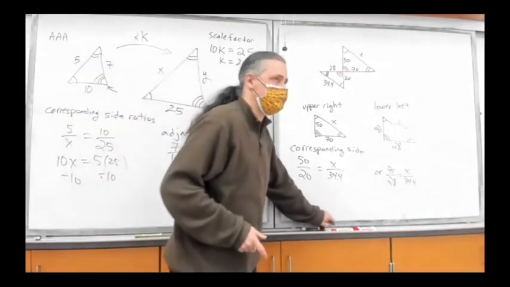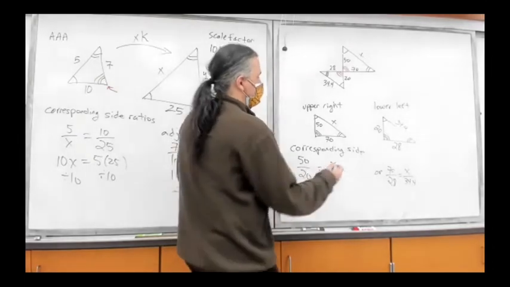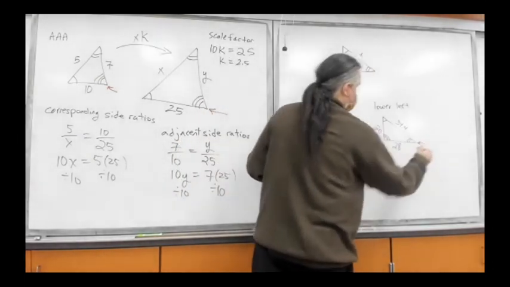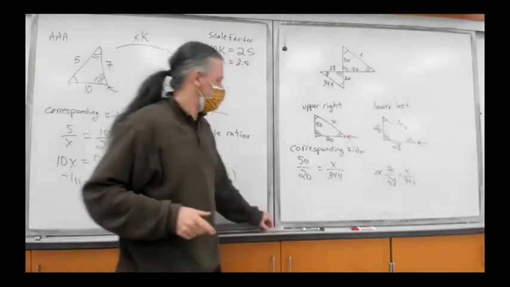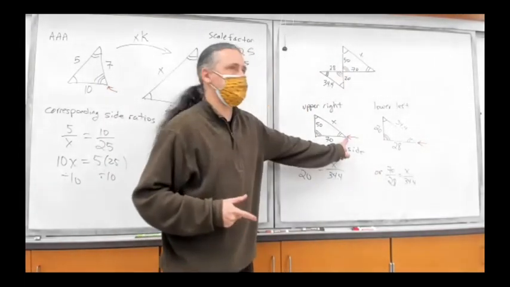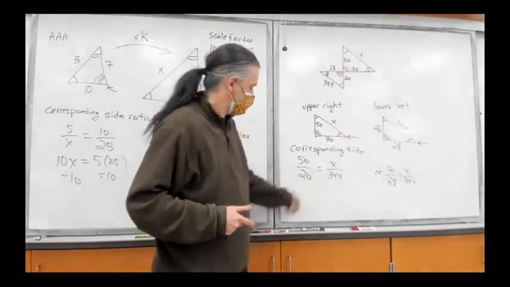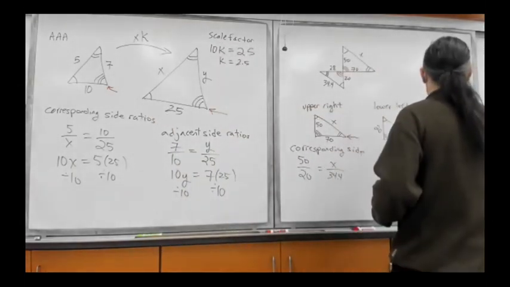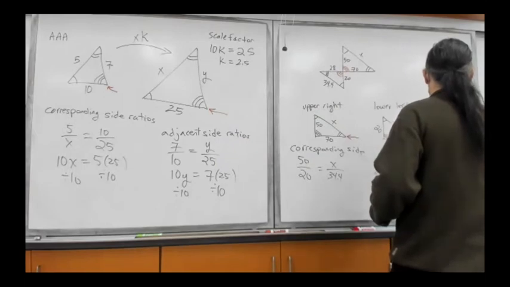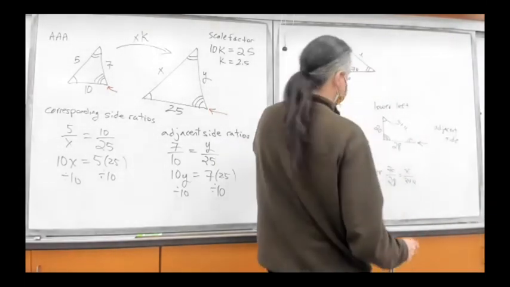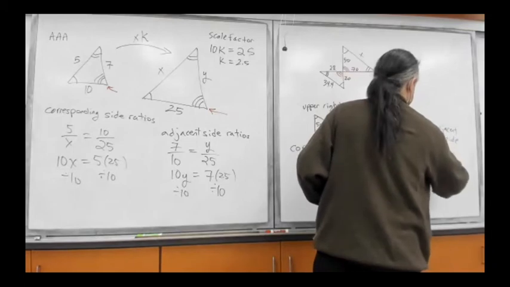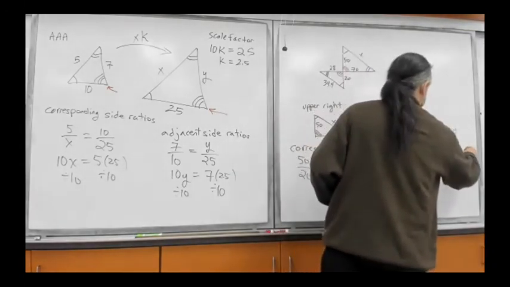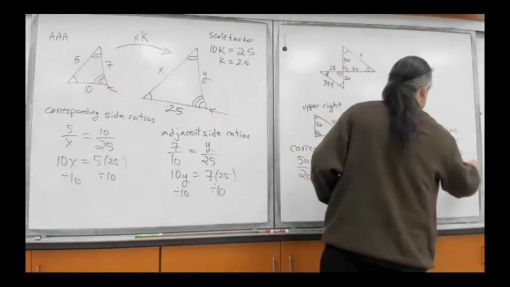Just to be thorough, let's say you wanted to do adjacent sides. If we wanted to do adjacent sides, let's say we wanted to base it on the 2 angle. Then x over 70 equals 34.4 over 28. That would work.